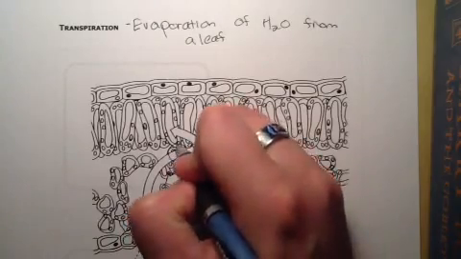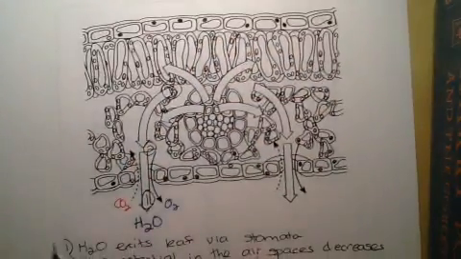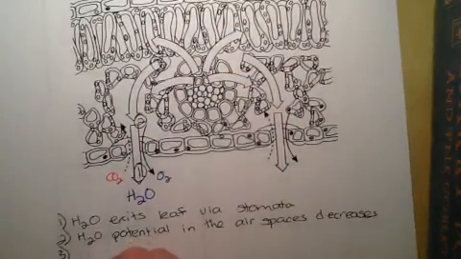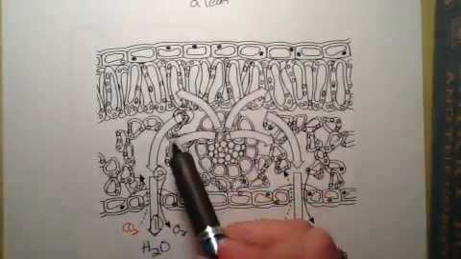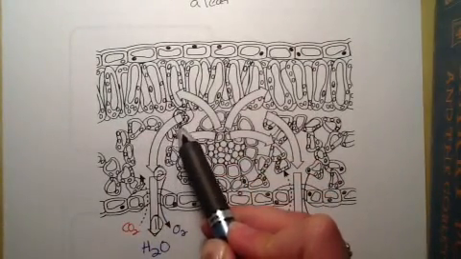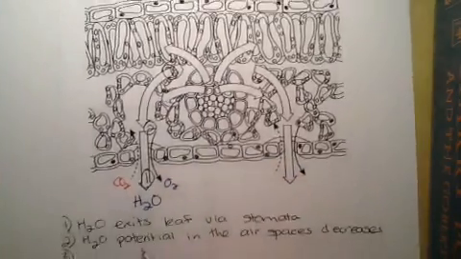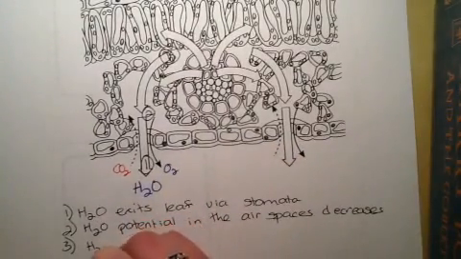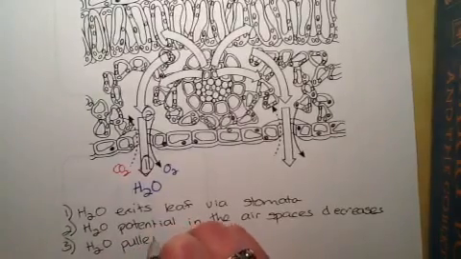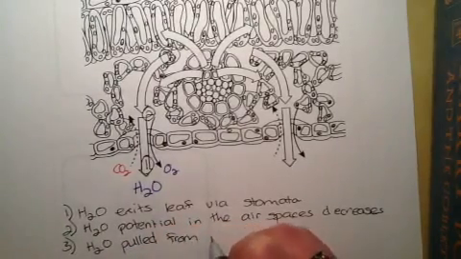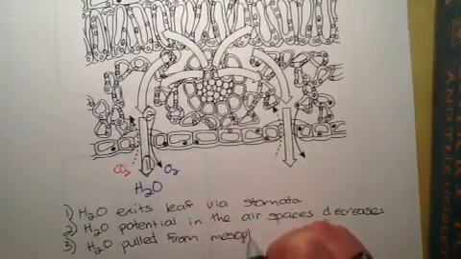I know it's hard to see, but that's 3. In step 3, water is going to want to go from where it's more concentrated in the mesophyll cell to where it's less concentrated in the airspace. So water is pulled from the mesophyll cell.